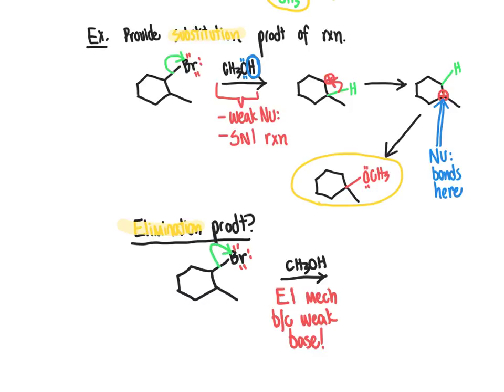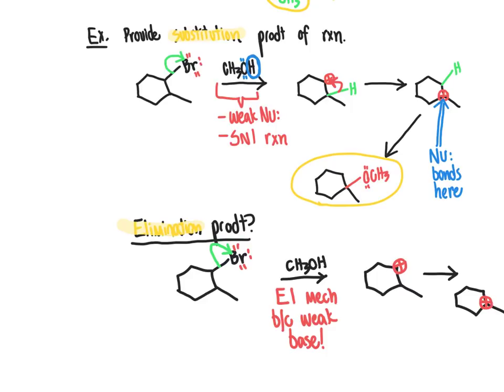That rate limiting step is the same as the rate limiting step for our SN1 reaction, where the leaving group leaves to give a carbocation. That's going to leave us right here like this. And just as in the problem above, we'd have that carbocation rearrangement using the same mechanism that we saw above to give us our carbocation intermediate right here.